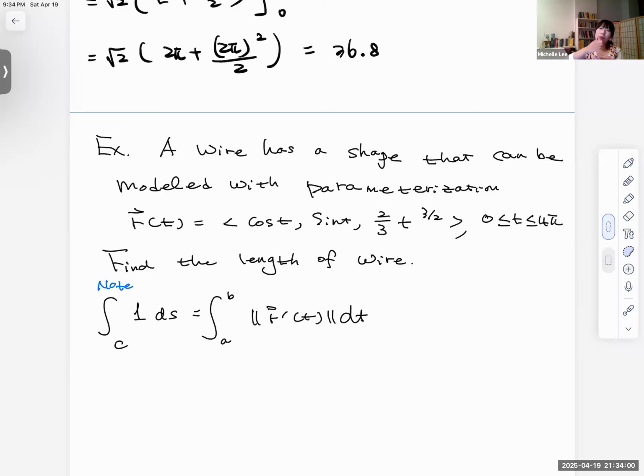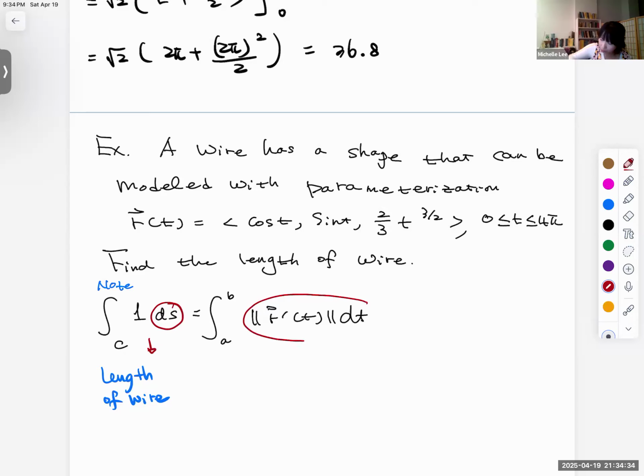And then we want to parameterize, right? So let's do this one. This is the length of the wire. Then ds. So ds, we have this one, right?